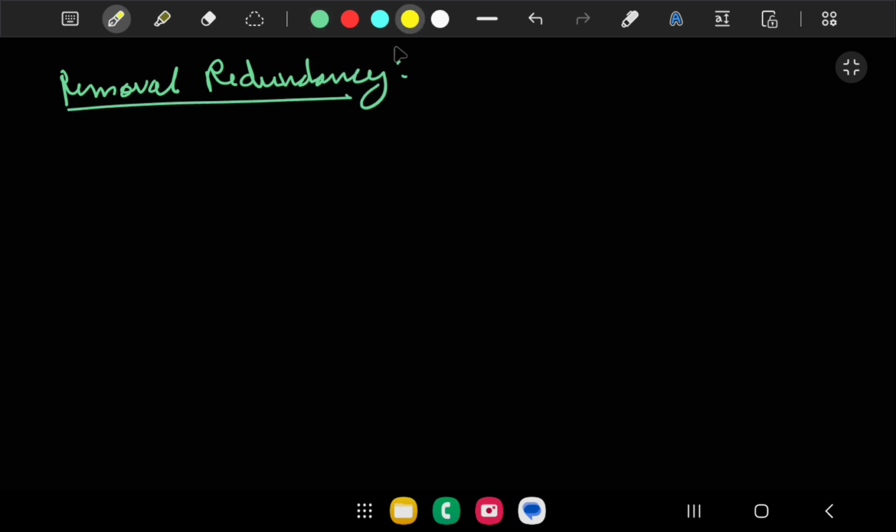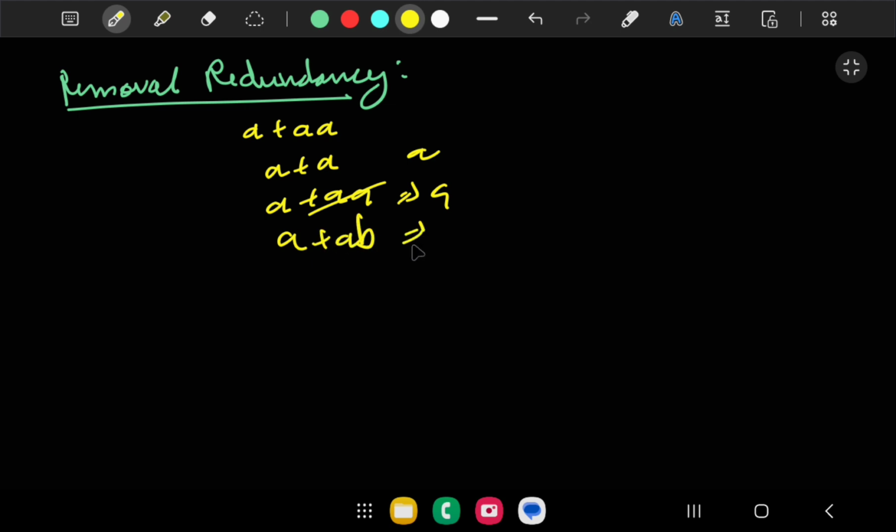Right. So if you have A plus A, this is redundant. A plus A, you can write directly as A. If you have A plus AB, this is again the absorption law. Again A. Same thing: AB plus A bar C plus BC. Here this BC is redundant.